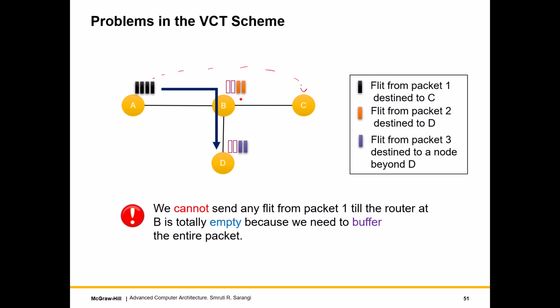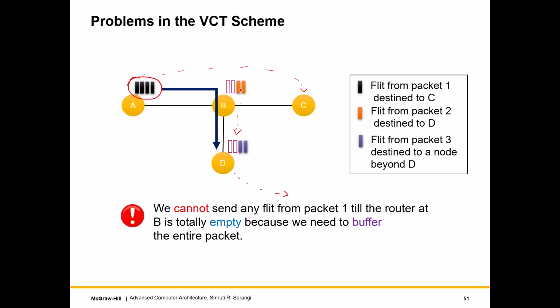The orange ones are destined to go from B to D. They are destined to go down. And the blue ones from packet 3 are destined to some other node beyond D, so that we don't care. So the idea is that we cannot send any flit from packet 1, which are these guys, till the router at B is totally empty, right?